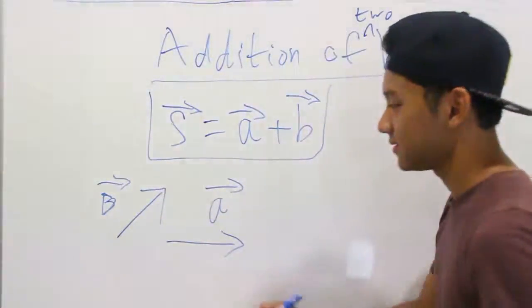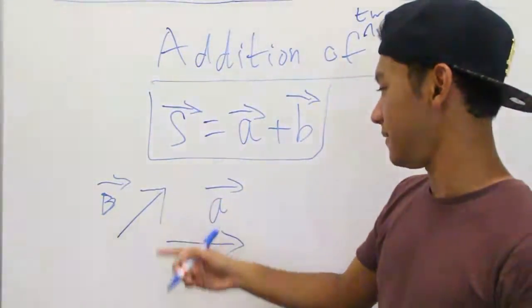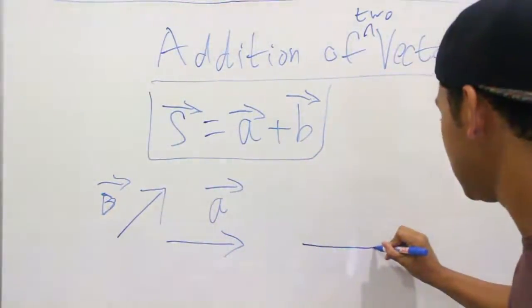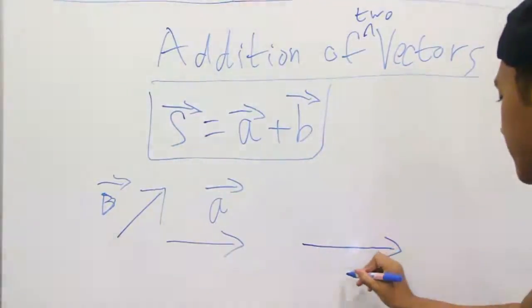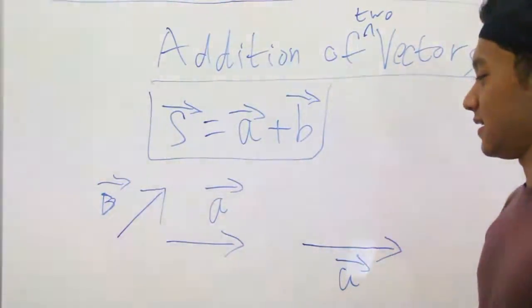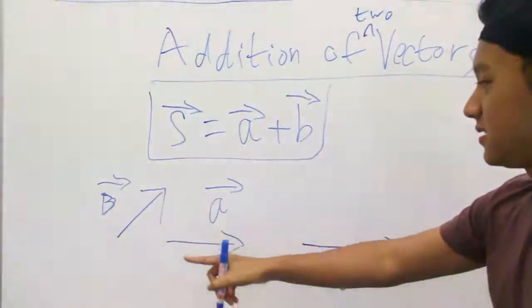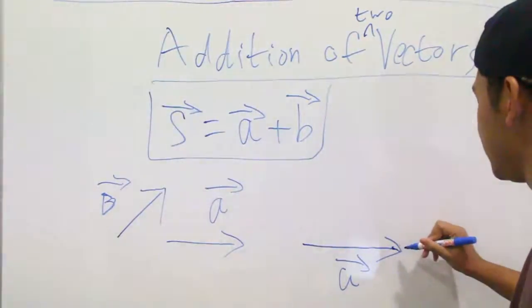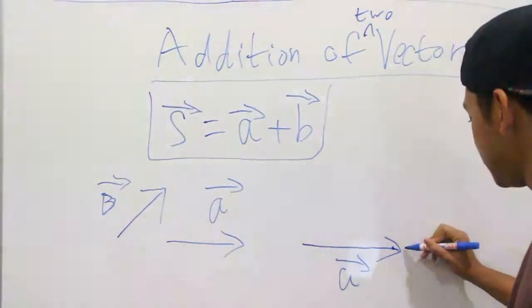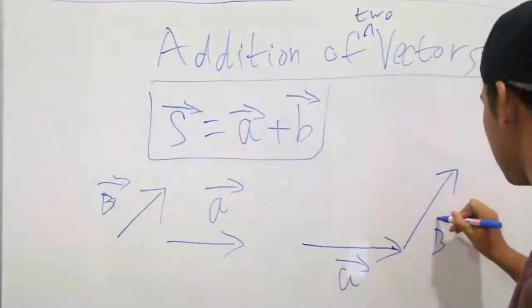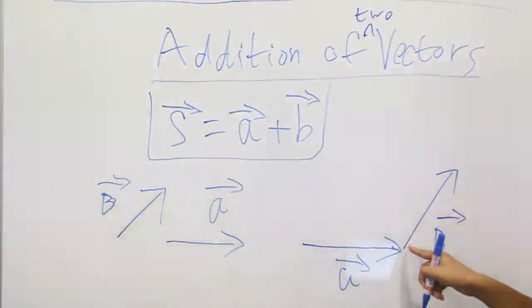Let's add A plus B. I'll give you an example. Vector A geometrically added with vector B. This is not 100% accurate, but you'll understand what I'm saying. This is vector B. As you can see, head to tail.